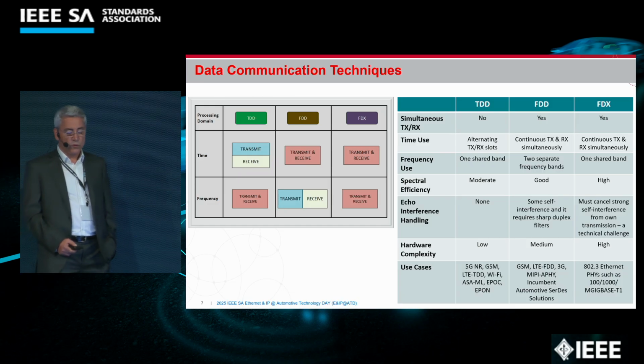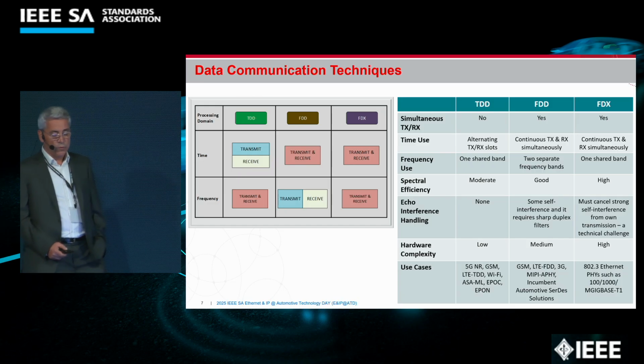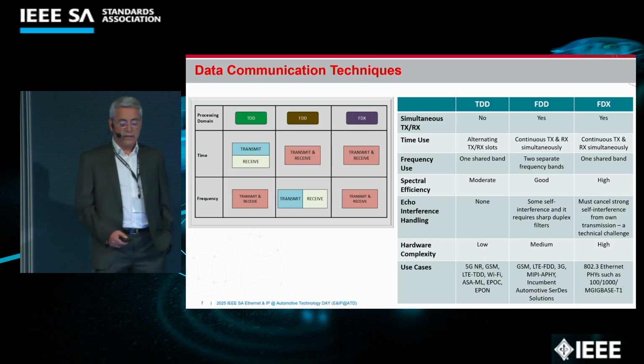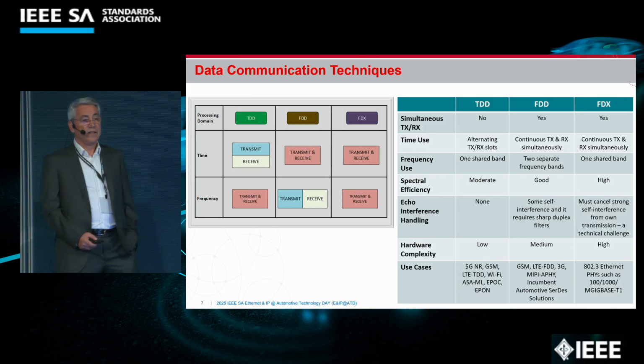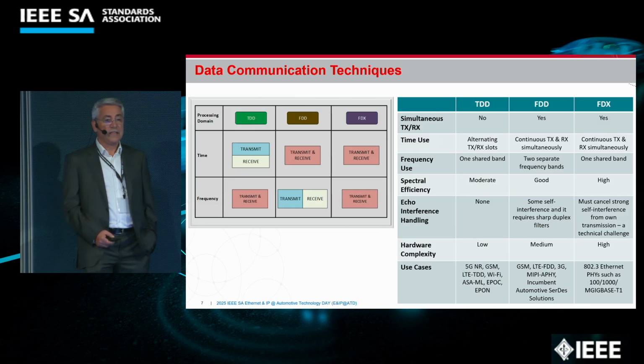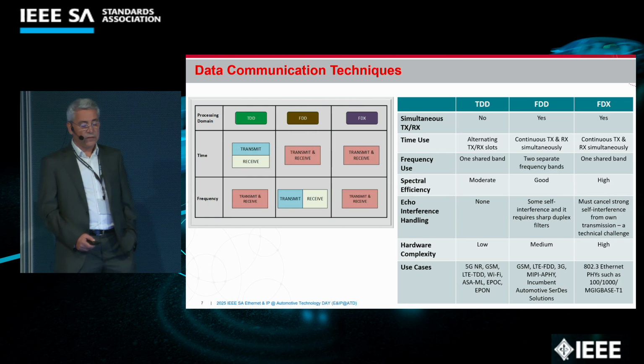Most incumbent solutions, on the other hand, using automotive SerDes solutions, for example, are using FDD, while 802.3 Ethernet PHYs mainly exclusively use full duplex communication. There are pros and cons depending on the spectral efficiency, interference handling, and hardware complexity of these different techniques.